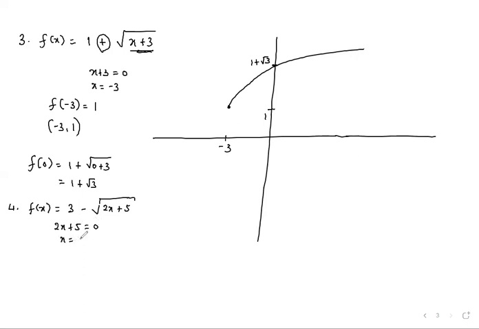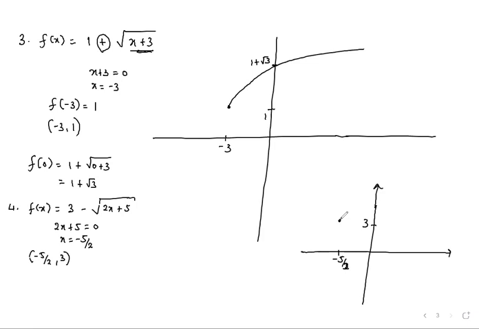We have x is equal to minus 5 over 2. So it means that the starting point will be minus 5 over 2, comma 3, like that. So it's starting from there and it's facing down.